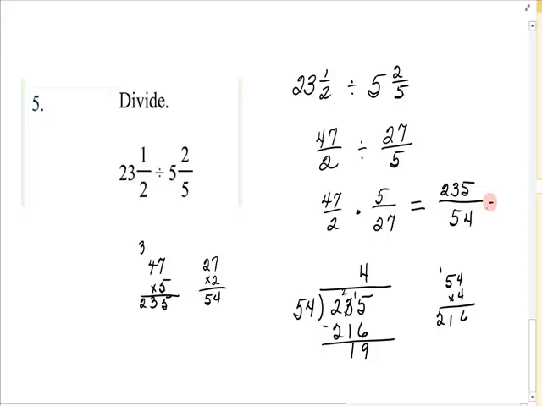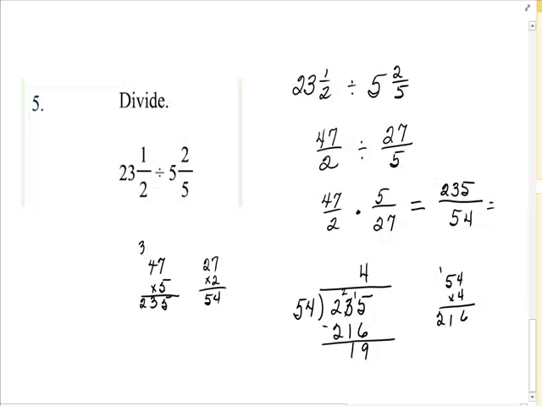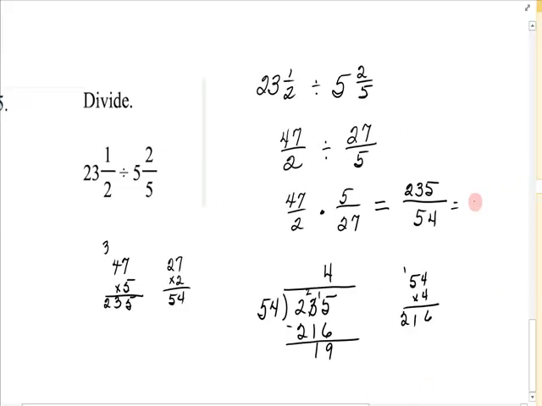My answer is, whoops, that was not good. Sorry. My answer is 4 and 19 over 54. So make sure you've got your paper and you've got your patience to do the multiplication and division required to do these problems.